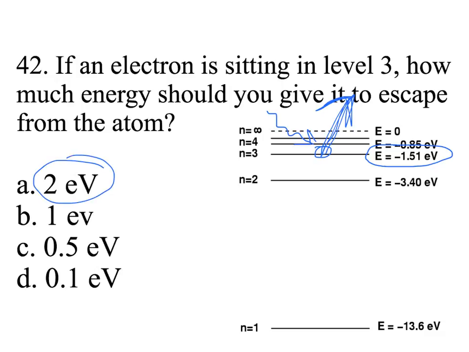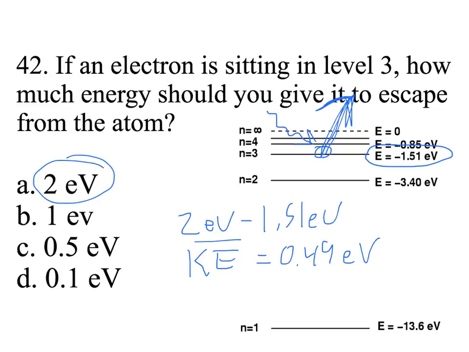The only one that's more is 2, the 2 electron volts. So if we start with 2 electron volts and we subtract the 1.51 electron volts, we end up with 0.49 electron volts of leftover energy, and that's the kinetic energy that the electron has when it's kicked out.